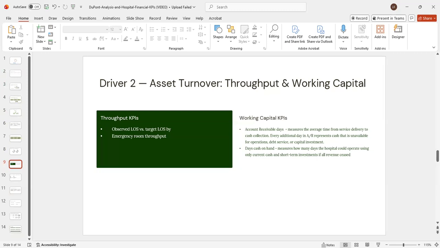And so by effectively managing these short-term investments and keeping them to a minimum, you are now able to run the hospital with a higher degree of financial efficiency, meaning that you need less capital to run the operation and less outside financing.